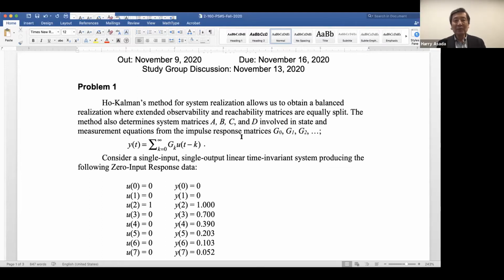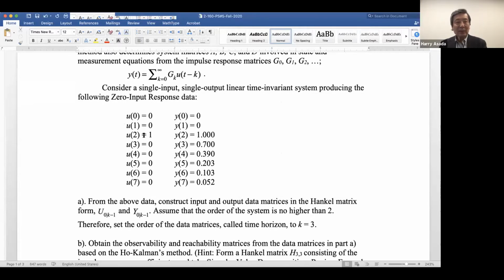So we have an impulse response coefficient. Well, in a single input, single output case, we have lowercase g1, g2. But in multi input, multi output, capital G0, G1. I know this is the representation of the output y(t) in terms of the input convolution with the impulse response, right?